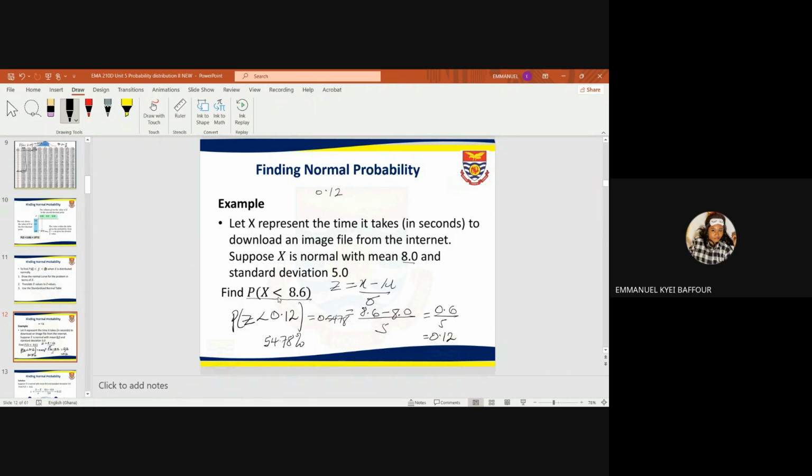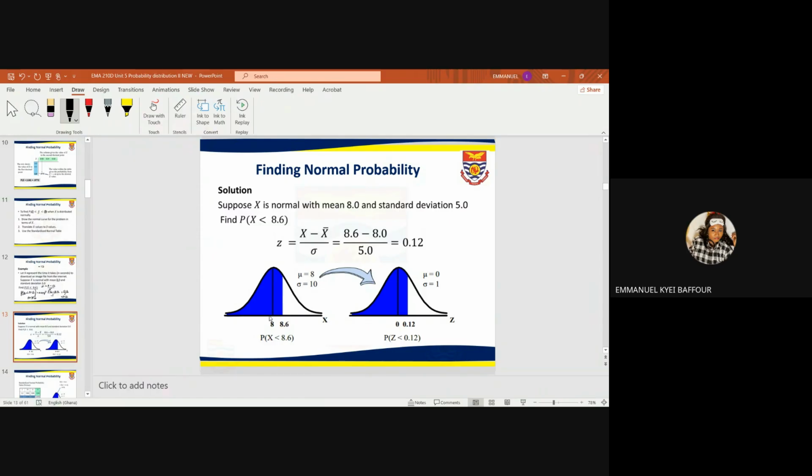So if X is less than 8.6, then it means that it takes less than 8.6 seconds to download an image from the internet. So the probability that it takes less than 8.6 seconds to download the image file from the internet is 54.78%. Yeah, so it has been illustrated here nicely for us.